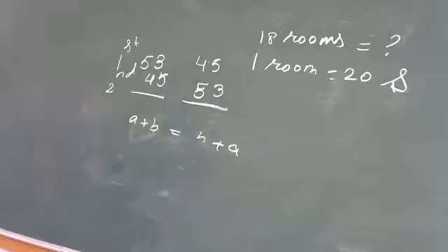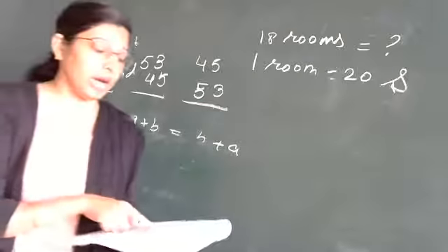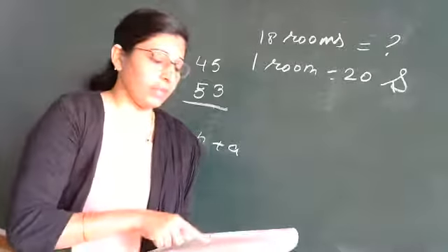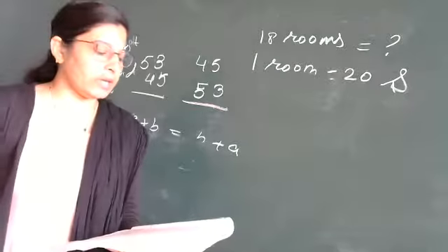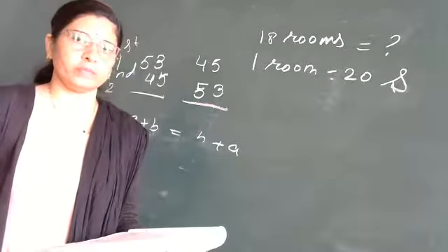Now see next. In a book, there is a puzzle after every 8 pages. After 8 pages, there are puzzles. If there are 176 pages in a book, how many puzzles are there in a book?